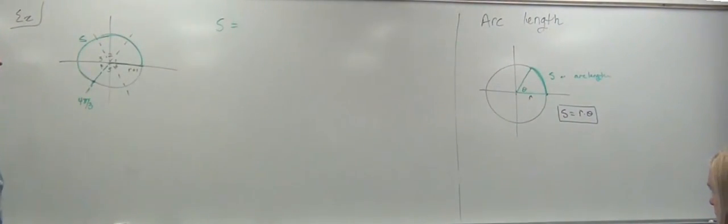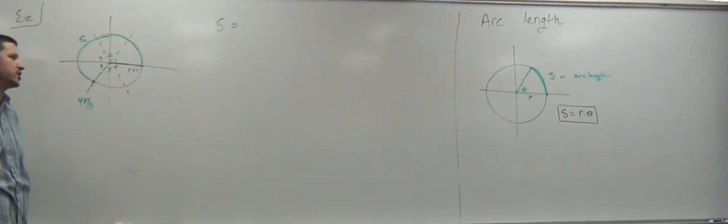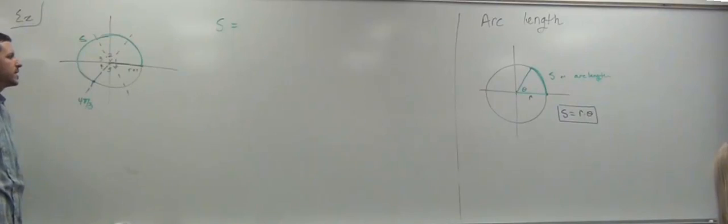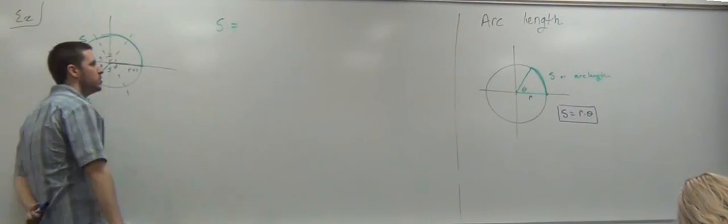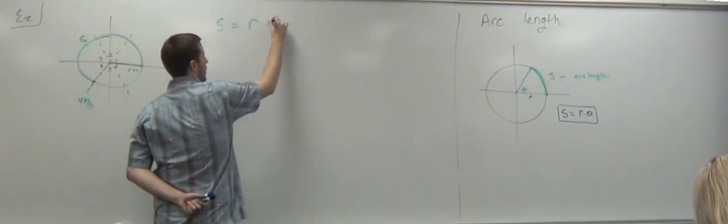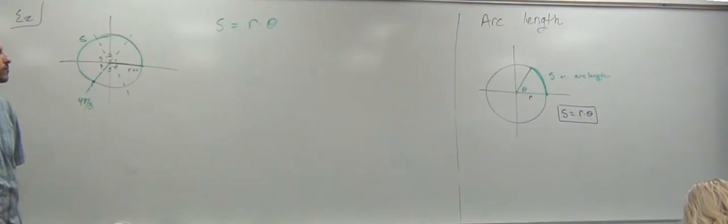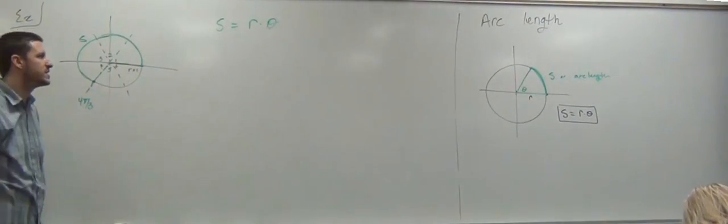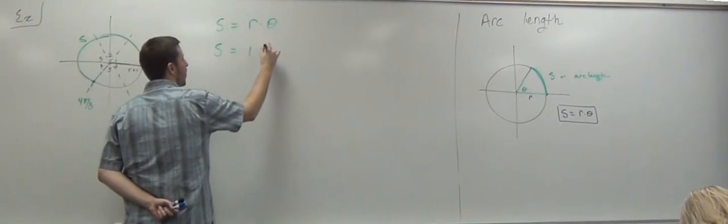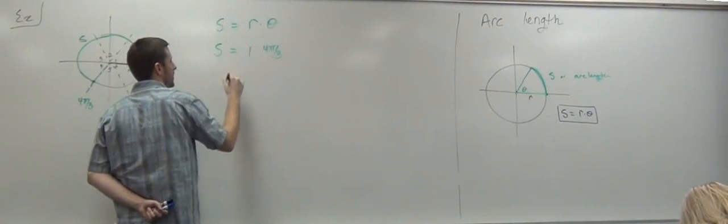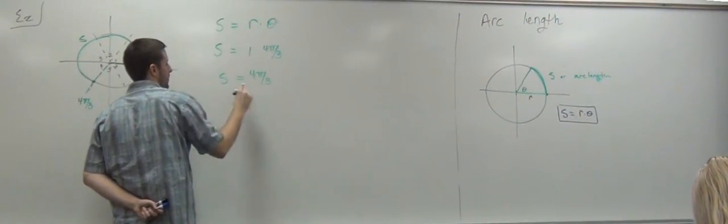I didn't actually give you any units, but your radius is length 1 unit, 1 inch, 1 meter, whatever unit it is. And I want to know how far you've traveled along this. You use the formula r times theta. Since r is 1, you just get 1 times 4 pi over 3, and your arc length is 4 pi over 3.